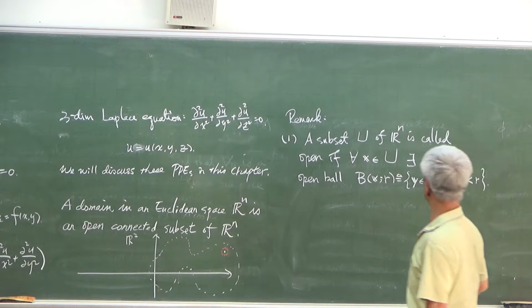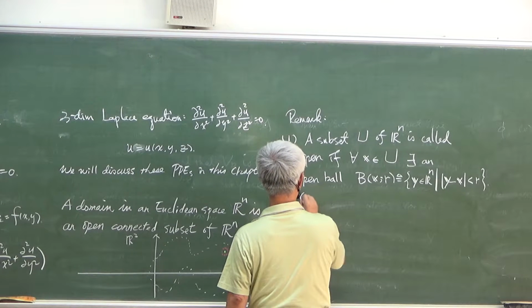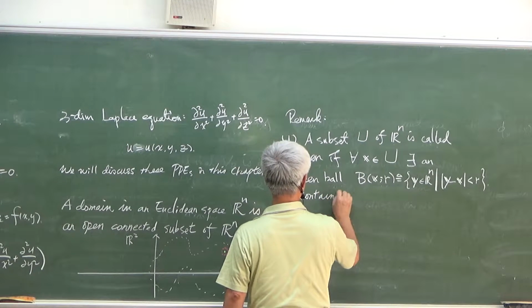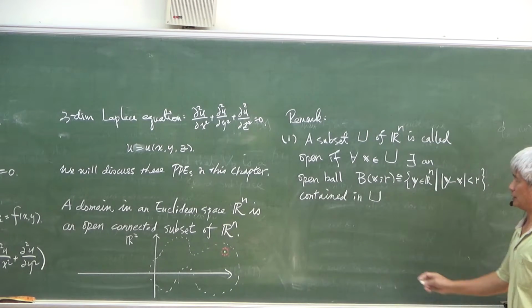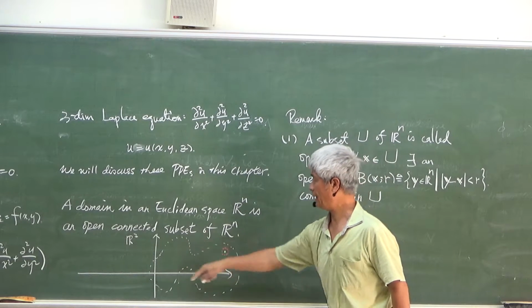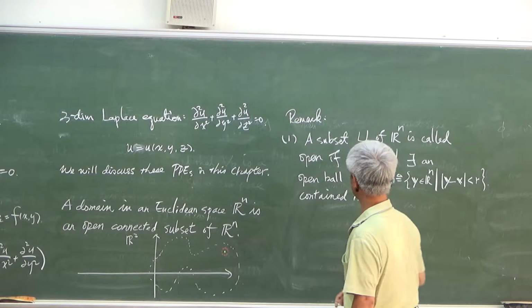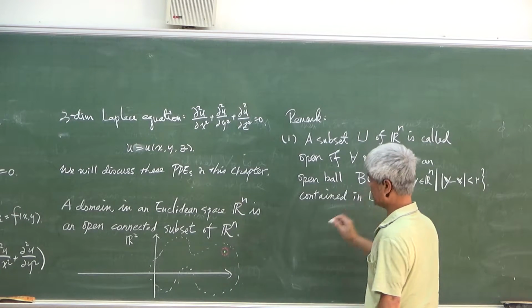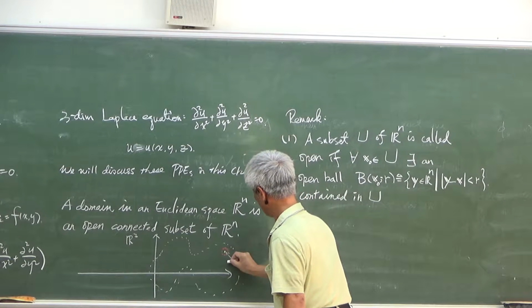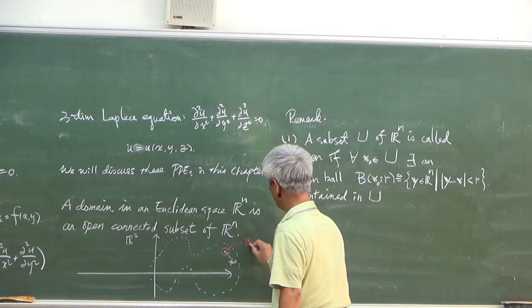So if you pick a point in this domain, which is an open set, say x is here, then you have an open ball.